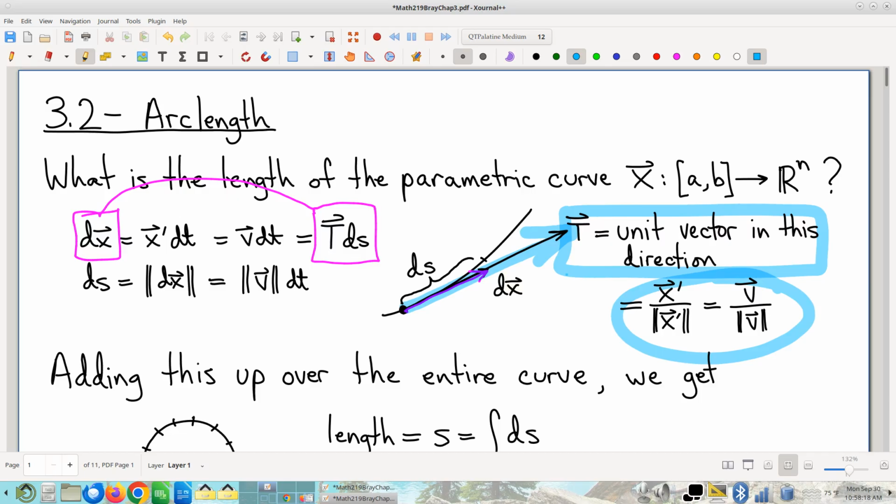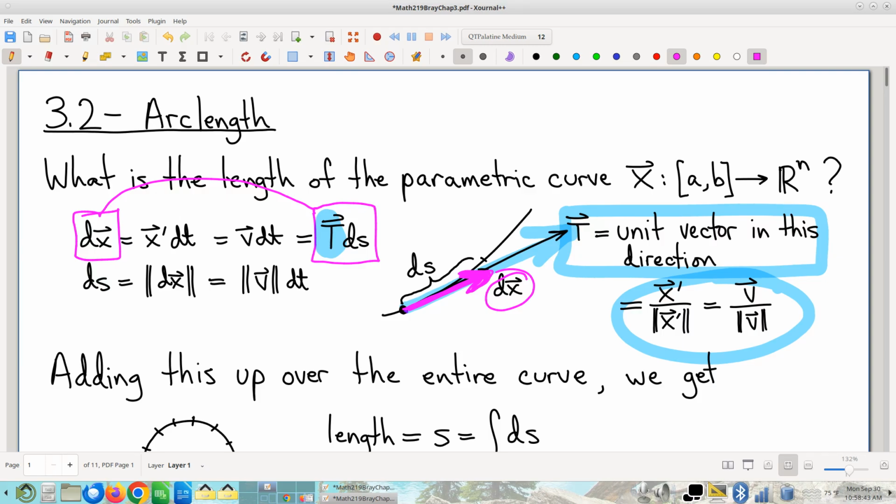All right, so why then would it be the case that dx is T ds? Well, look at the picture. Here's our dx vector. I claim it's T ds. Well, dx has a direction and a magnitude.